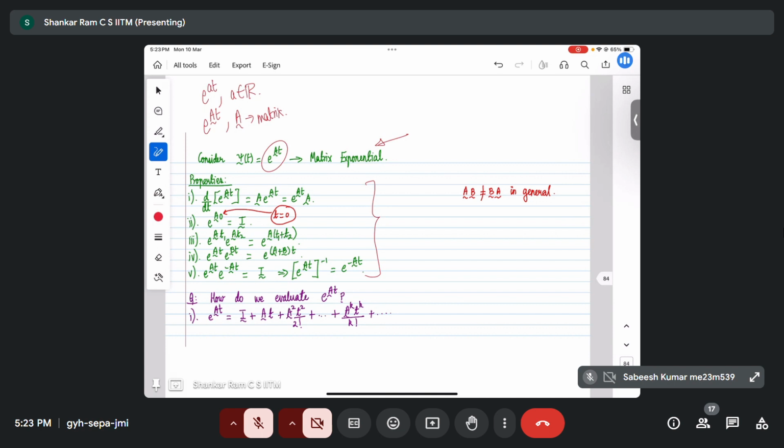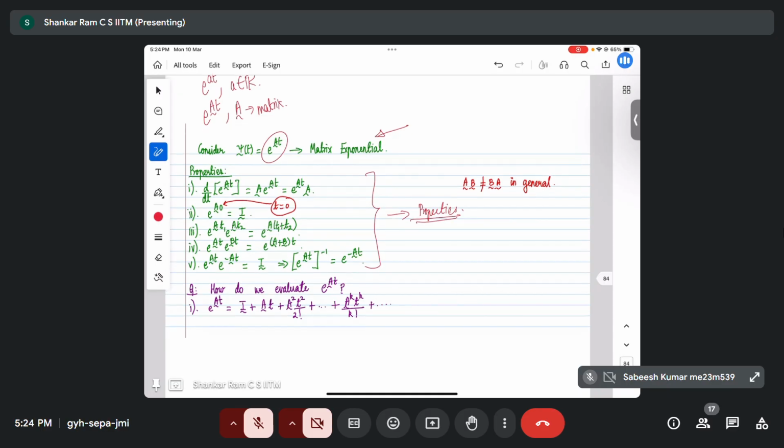It so turns out that the matrix exponential satisfies all these properties. Once again, I have given this only for information. Similar to a scalar exponential, we can calculate a matrix exponential by expanding it as a power series. Please note e power at is 1 plus at plus a squared t squared by 2 factorial and so on.